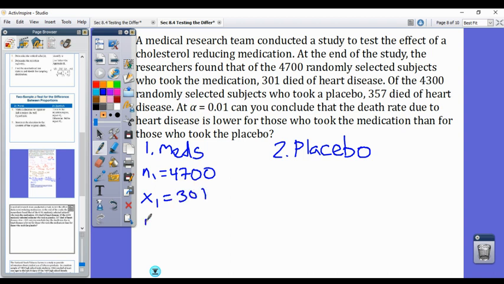So we can find our proportion by doing 301 over 4,700, which is going to give me 0.064. All right, then we have our placebo group, and there were total in that group 4,300. And X2, there were 357.